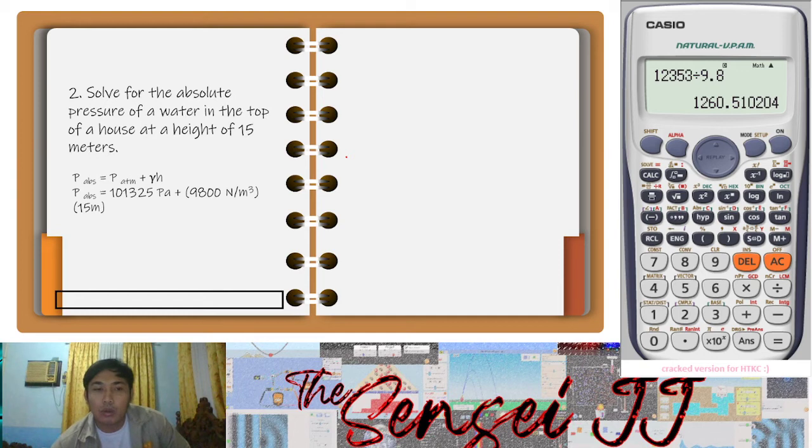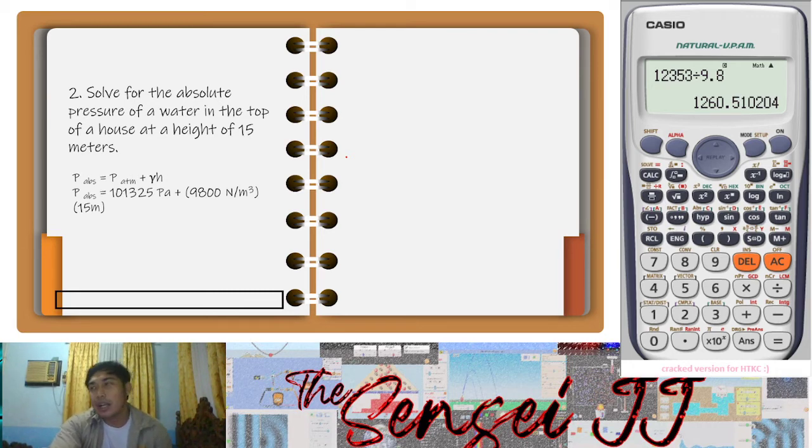Plus 9,800 newtons per cubic meter, the specific weight of water, multiplied by our height of 15 meters.